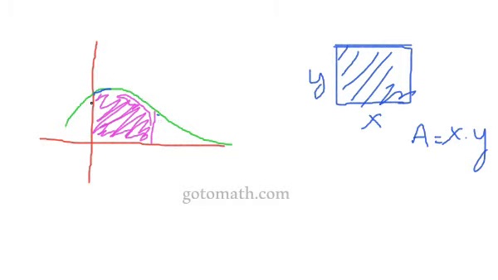So we can't just say, for example, this is y here. We'll go up to here, and of course here's x. We can't just say that y times x, or x times y, it doesn't matter, is now the area of what's underneath the curve here. This is not the area.